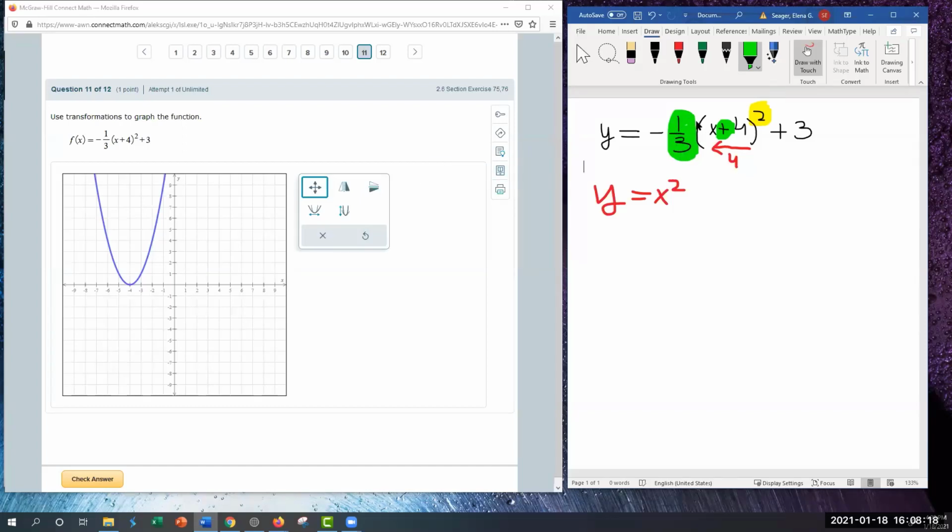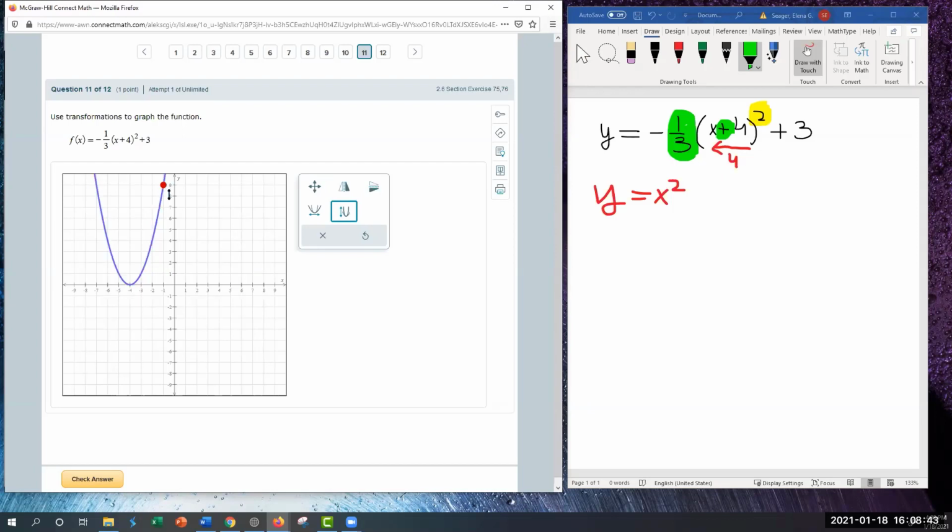So all y coordinates will be multiplied by 1/3, or I can say divided by 3. On our menu, we choose vertical stretch or compress, click, and one point is given.